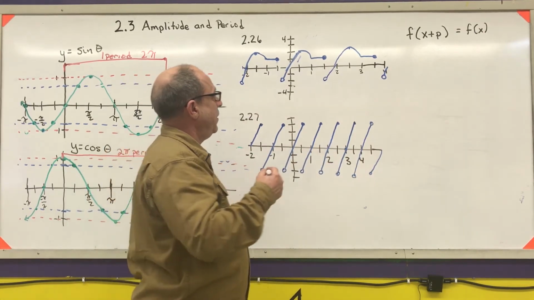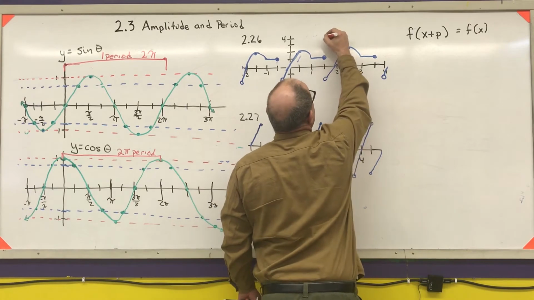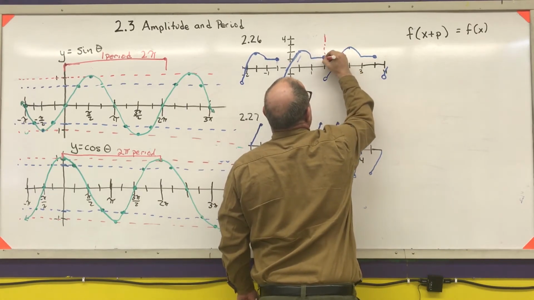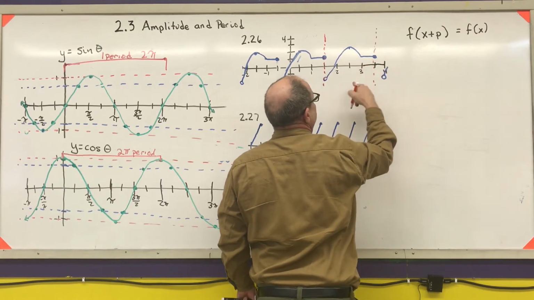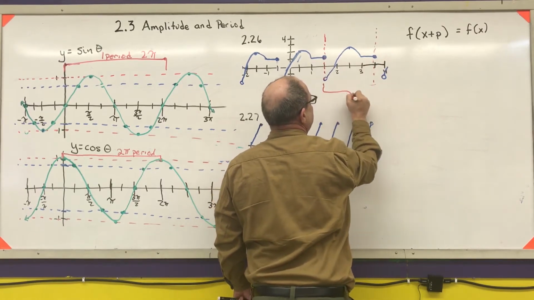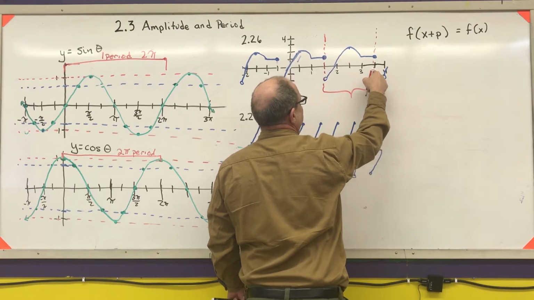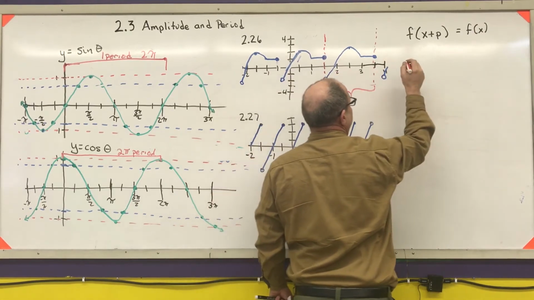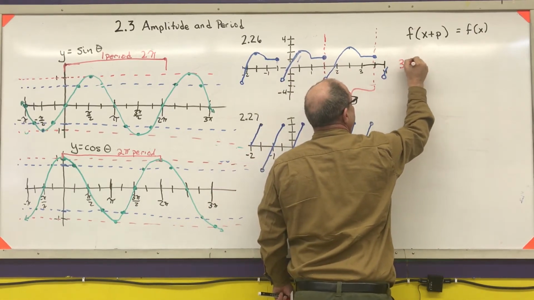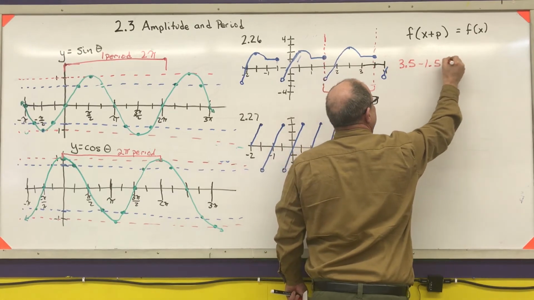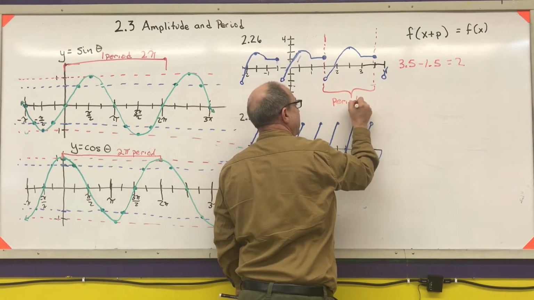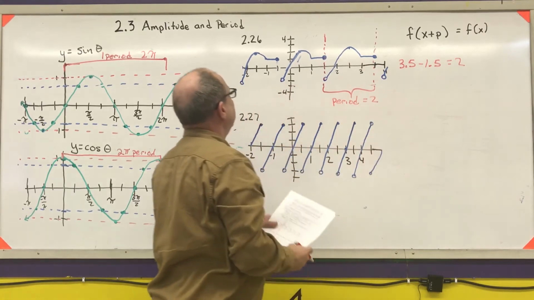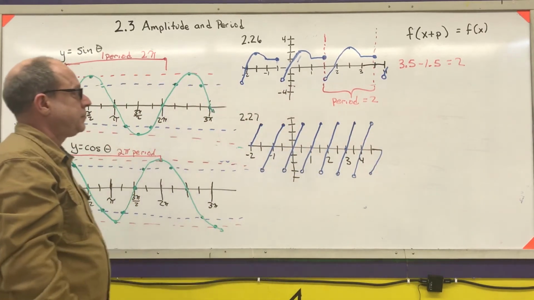So in order to find the period, let's find a starting point and an ending point of my picture, and I just want to know the distance in between these two. So I have 3.5 minus 1.5 is 2. So the period of this graph is 2. And that was example 2.26 on page 40.